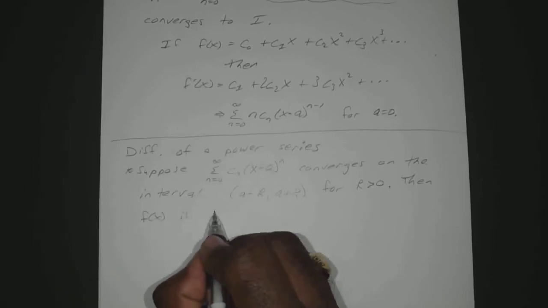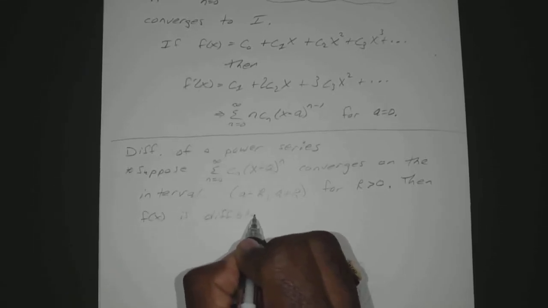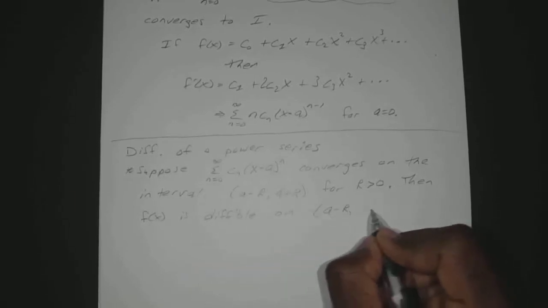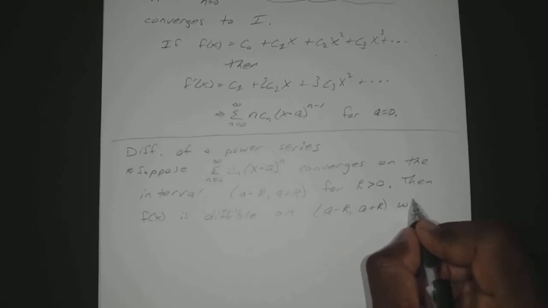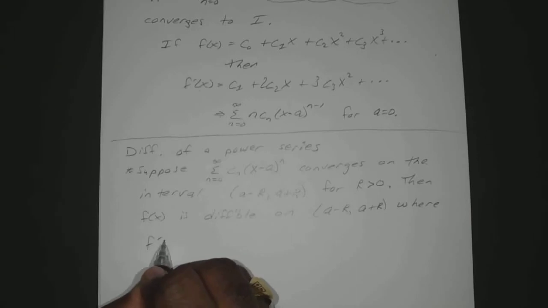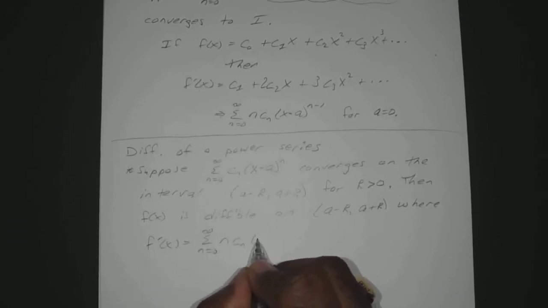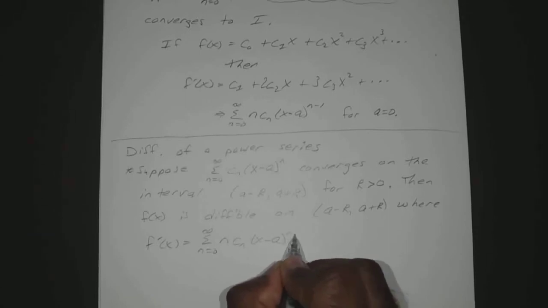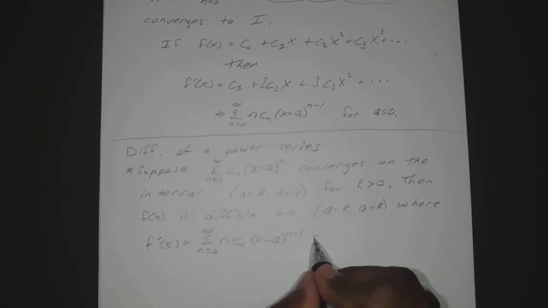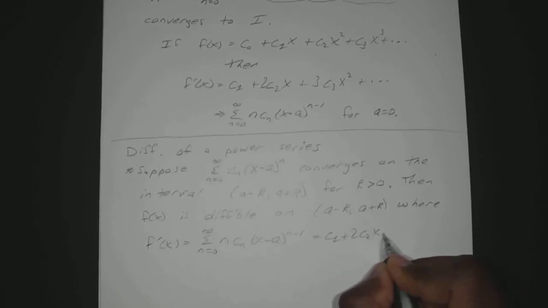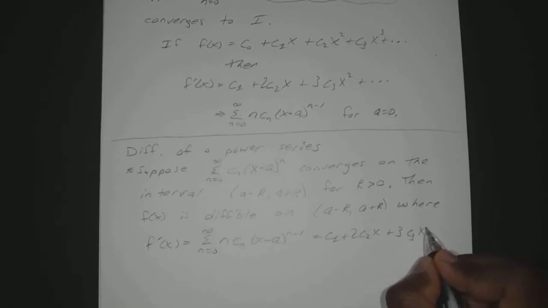And f of x is differentiable on a minus r, a plus r, where your f prime of x is equal to the sum from n equals 0 to infinity of n c sub n times x minus a to the power of n minus 1, which is equal to, which we found out up there, c1 plus 2c2x plus 3c3x squared plus, and so forth and so on.